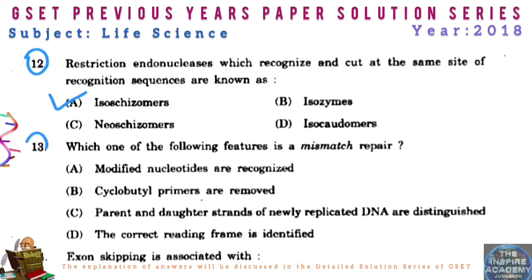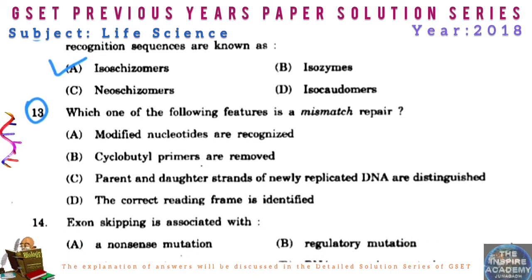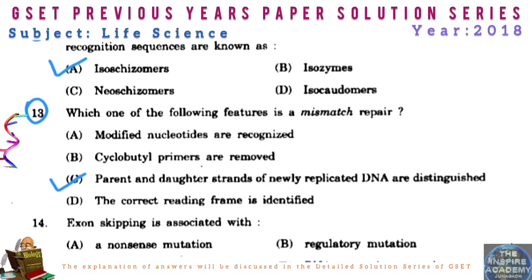Question number 13. Which one of the following features is a mismatch repair? The correct option is C. Parent and daughter strands of newly replicated DNA are distinguished.